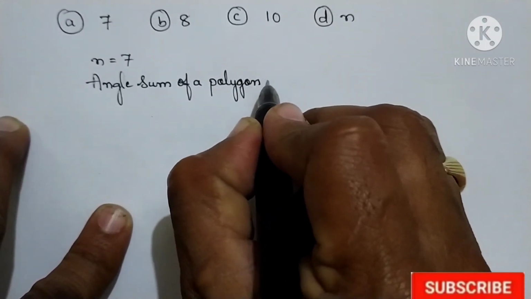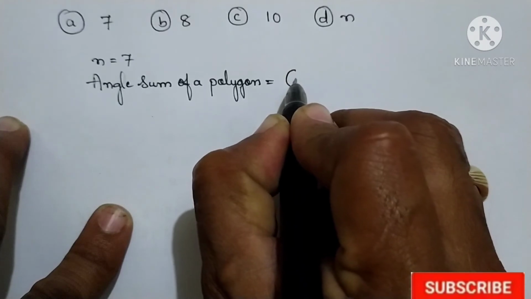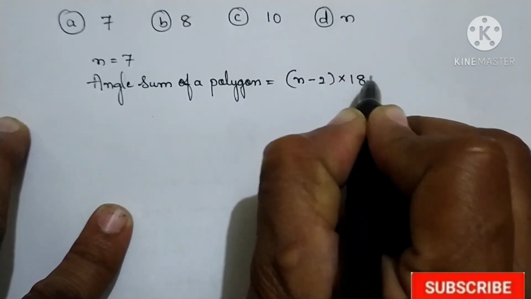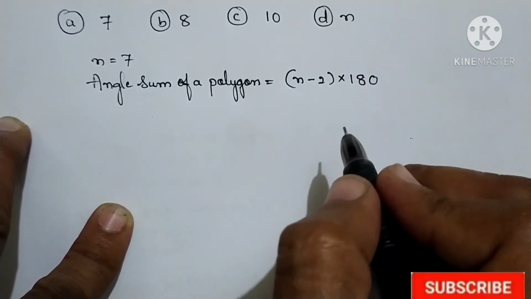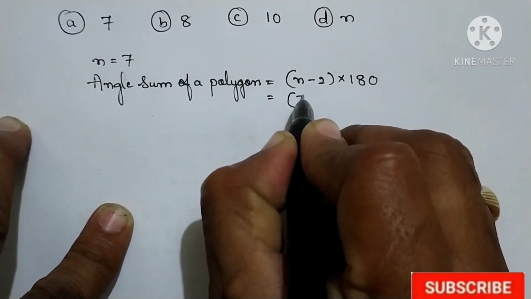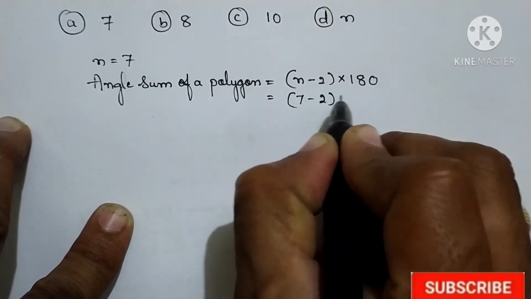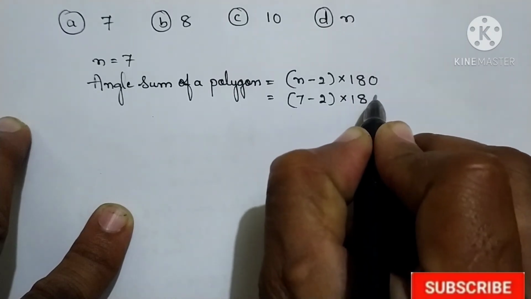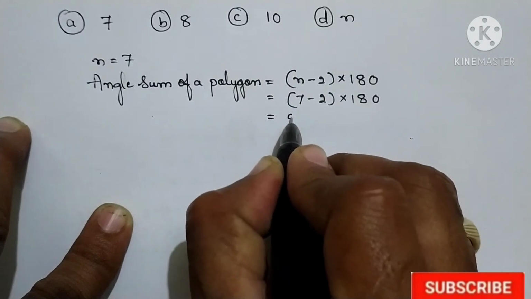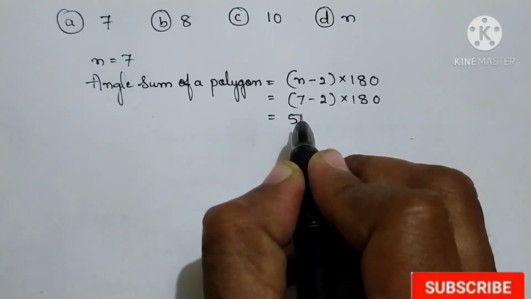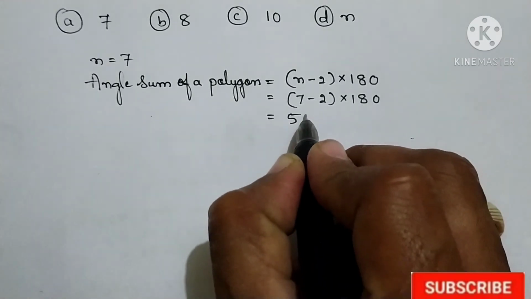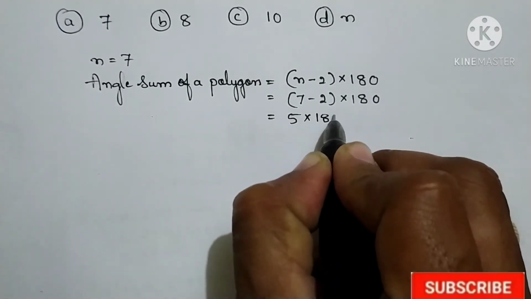So here the formula we can take is n minus 2 into 180 degrees. Now here, what n value should we take? 7 minus 2 into 180 degrees. Now 7 minus 2 is equal to 5, then into 180 degrees.